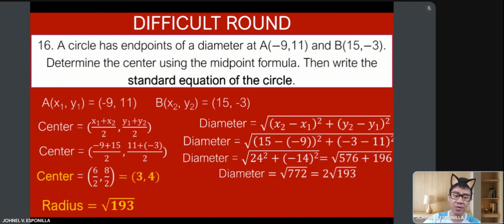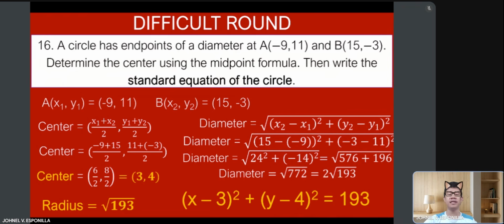This is the radius. So we have the center and the radius. Therefore, this is the standard equation. What is the center? (3, 4). So h is 3, k is 4. Then the square of the radius, the square root cancels and 193 remains. This is now the standard equation of the circle.